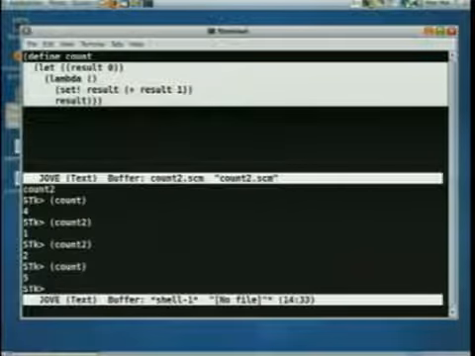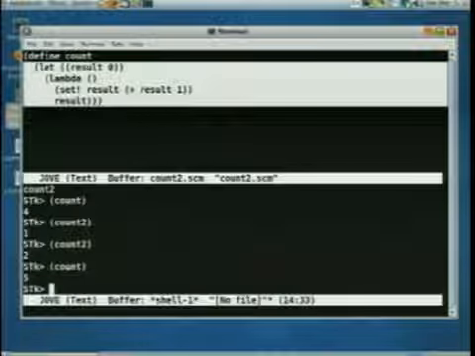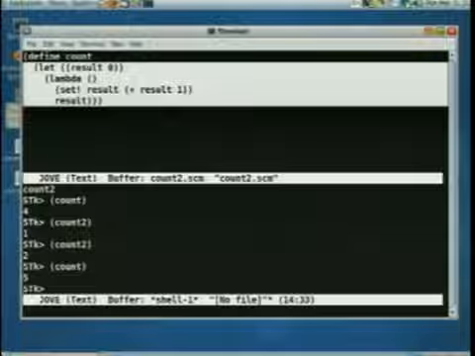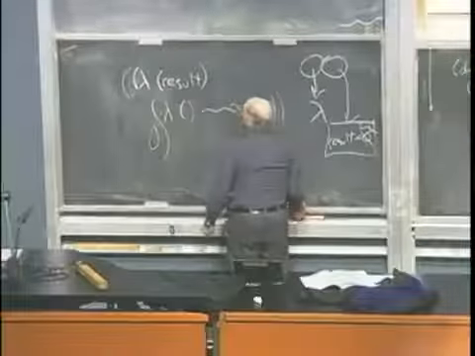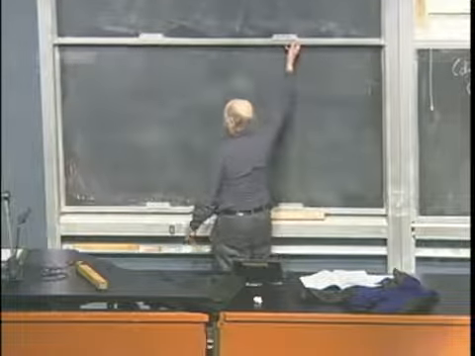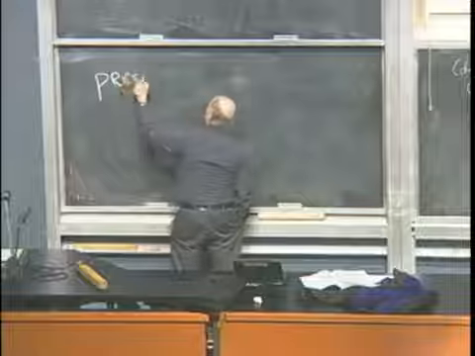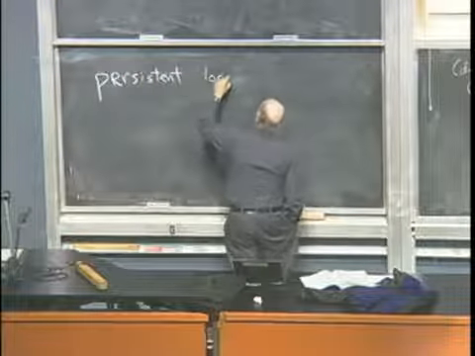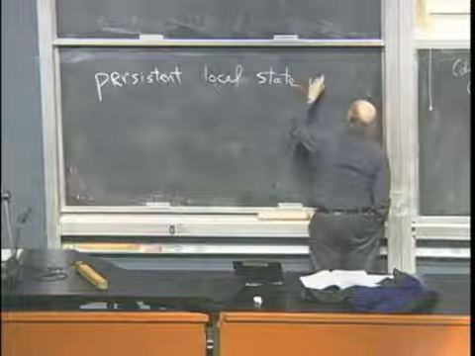3.1 is the thing we're doing right now about what it is that we're trying to achieve. Namely, how can we get persistent local state variables? Let me write that down. Persistent local state variables.